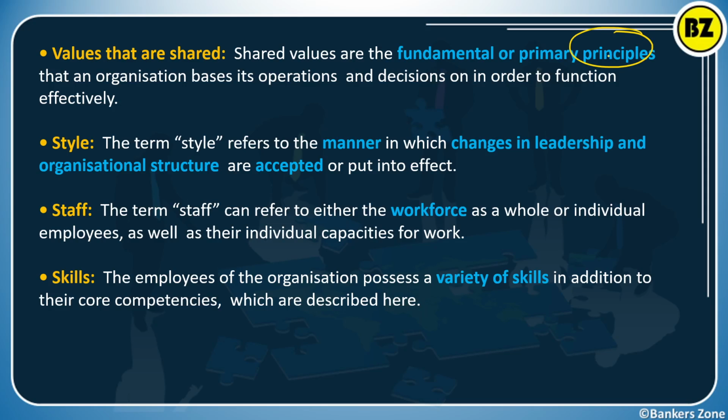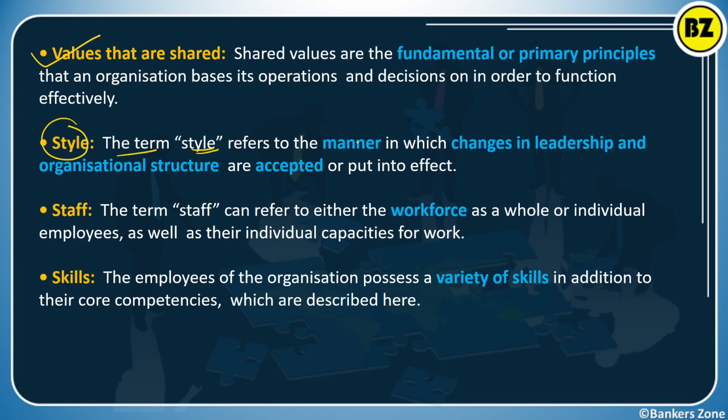Some organizations have very strong principles, they are not going to deviate from their principles, and also from the decisions which they are implementing, right? So shared values are the fundamental or primary principles on which the organization bases its operation and decision making in order to function effectively, right? So we have to understand the shared value of an organization. Next is what? The style.